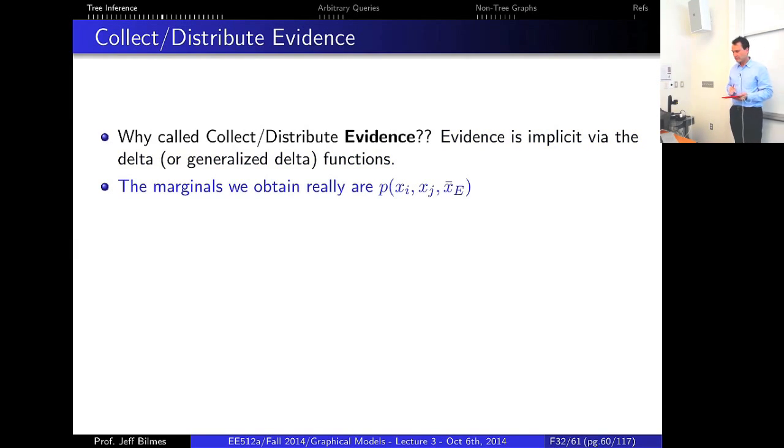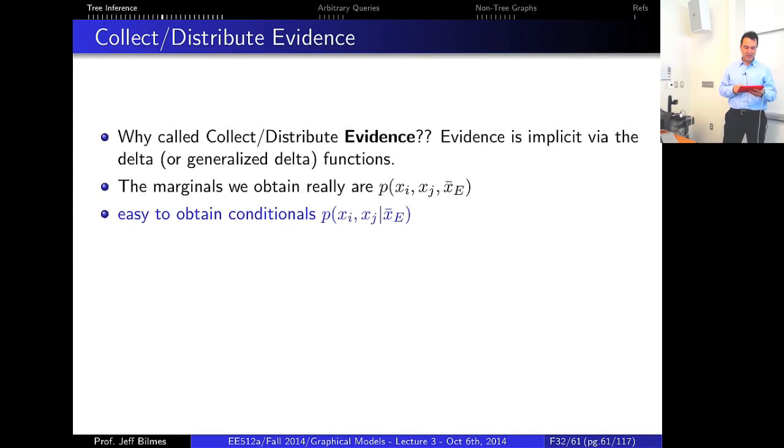The marginals that we're actually getting are not really the probability of xi and xj. We're getting the probability of xi and xj and x sub e, where e is the set of variables that are known to be observed. So we're looking at it as x bar of e.